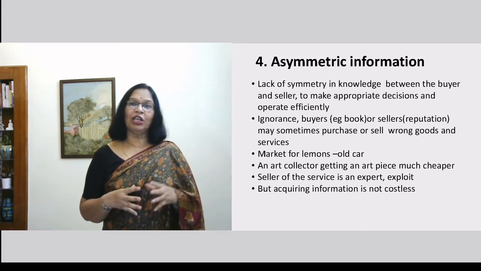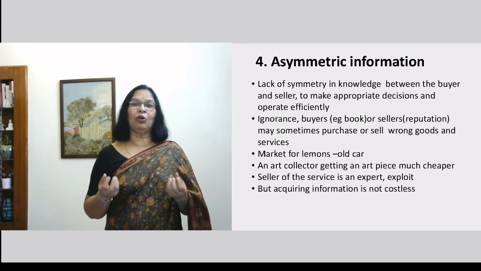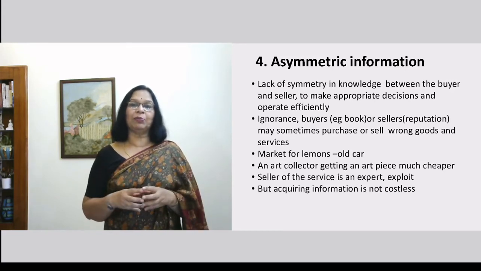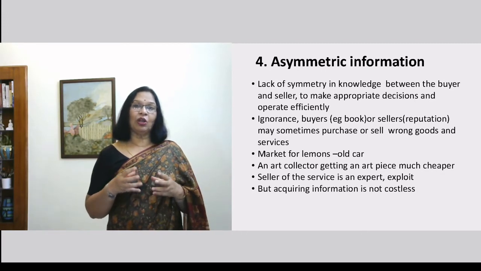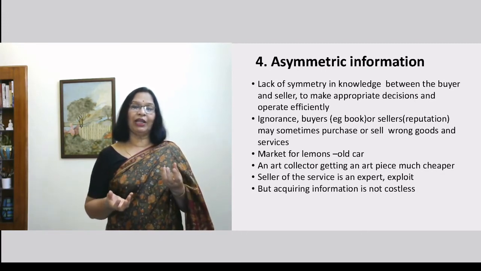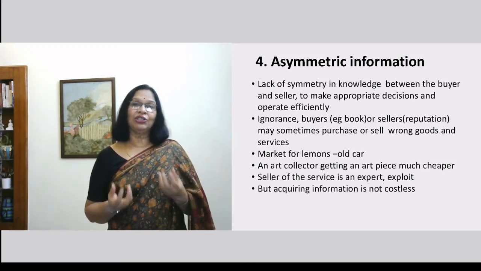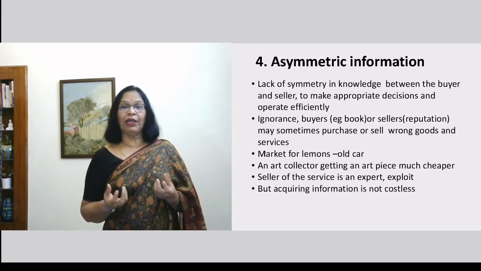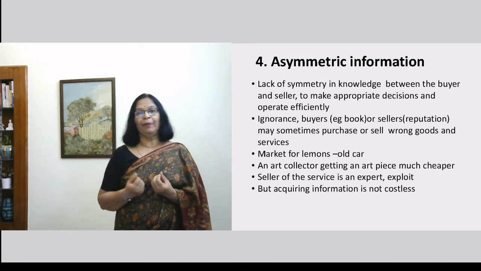Lack of symmetry means the buyer and the seller do not have an equal amount of knowledge about the product being dealt with in the market. When one has more information than the other, the decision taken may not be appropriate, and the price mechanism will not operate efficiently.